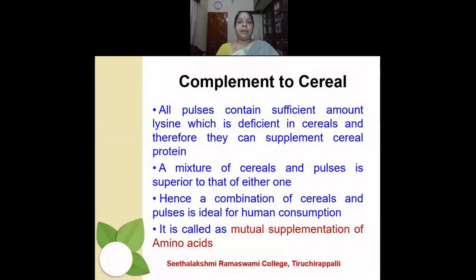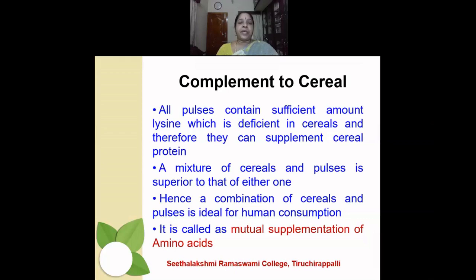The pulses can be complemented to cereals. All the pulses contain a sufficient amount of lysine, which is deficient in cereals, and therefore they can supplement the cereal protein. So the pulses have an adequate amount of lysine. Lysine is an amino acid. So the pulses are a rich source of lysine, whereas the cereals are a poor source of lysine.